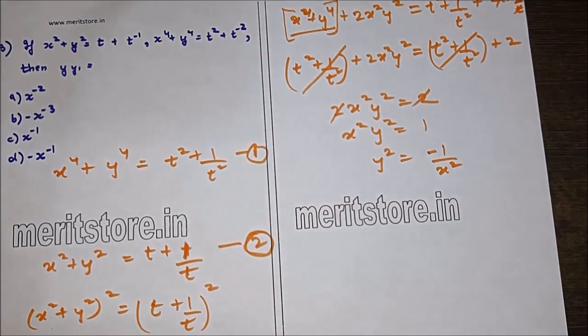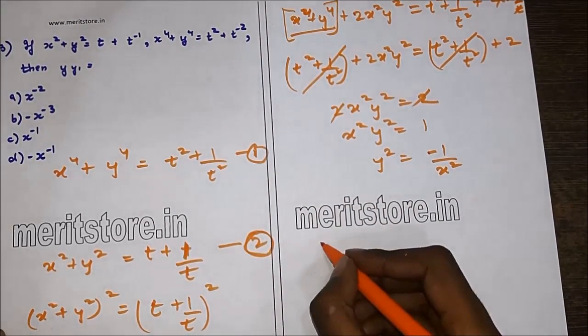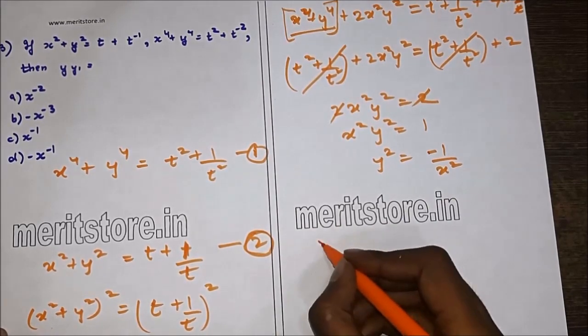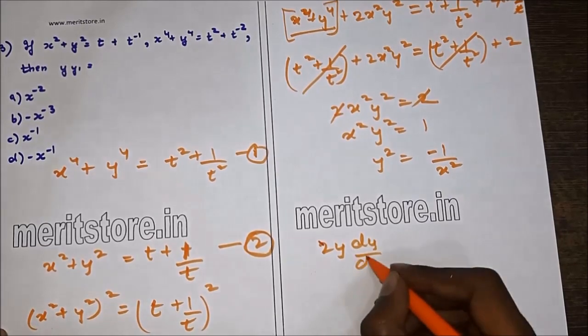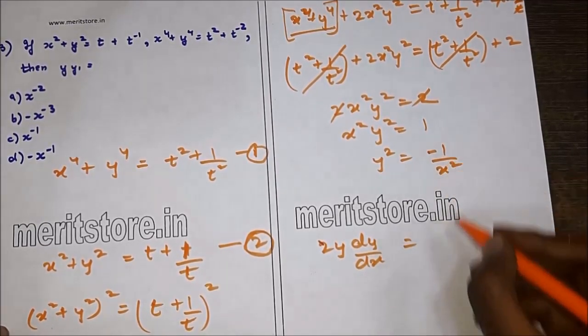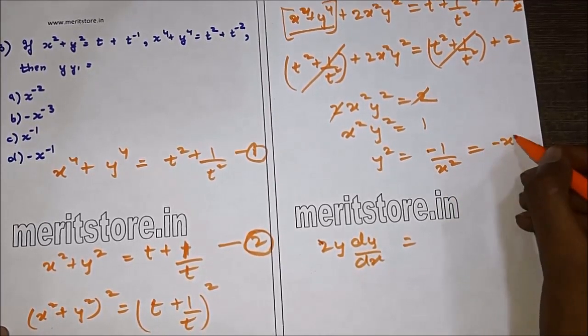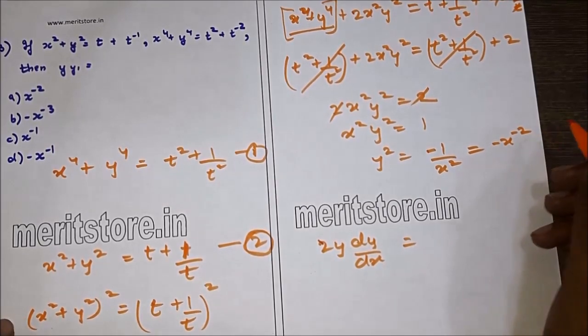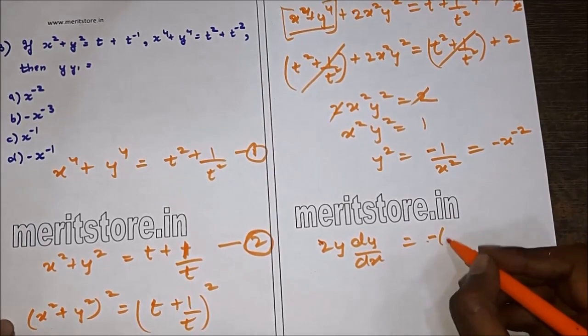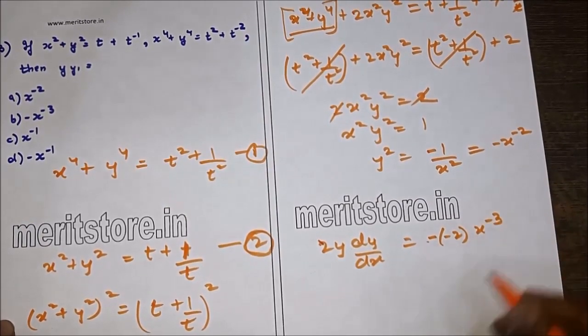Now we differentiate this with respect to x. So this is 2 into y into dy by dx is equal to, this is minus x raised to minus 2. So differentiation of x raised to n is n into x raised to n minus 1. That is minus of minus 2 into x raised to minus 3.